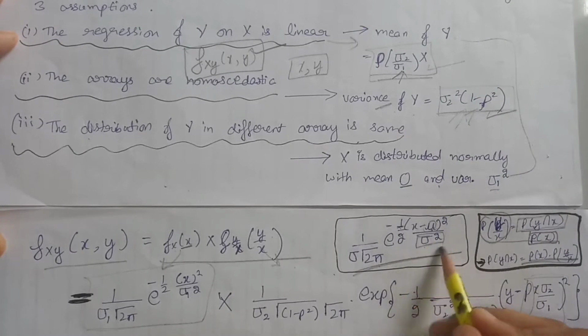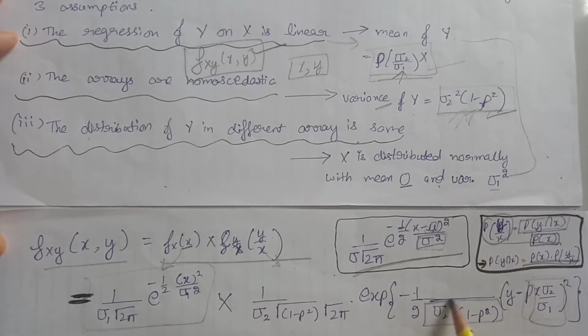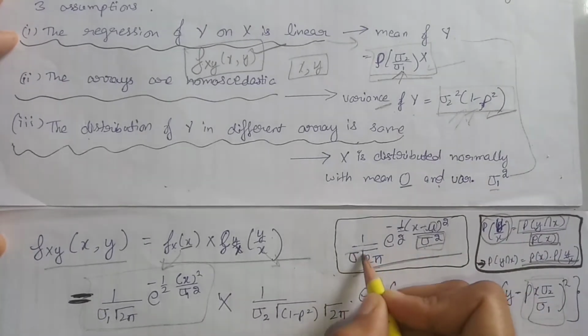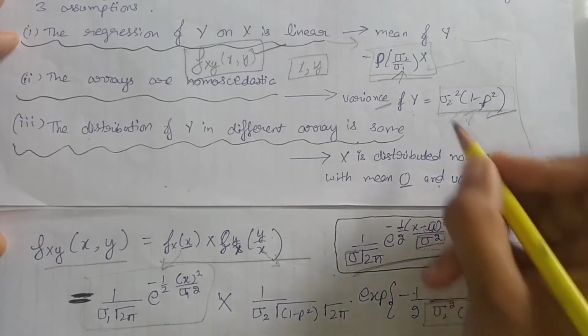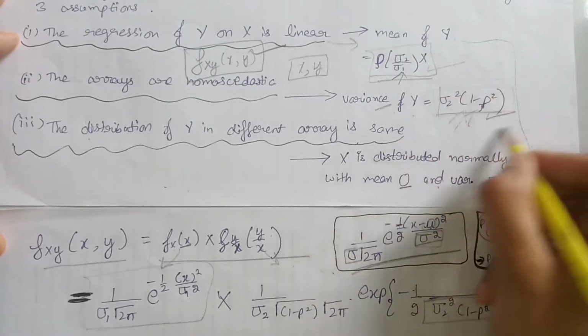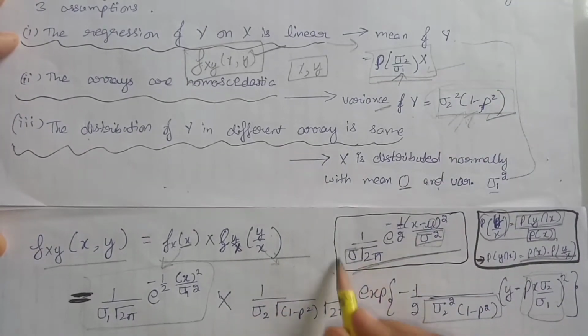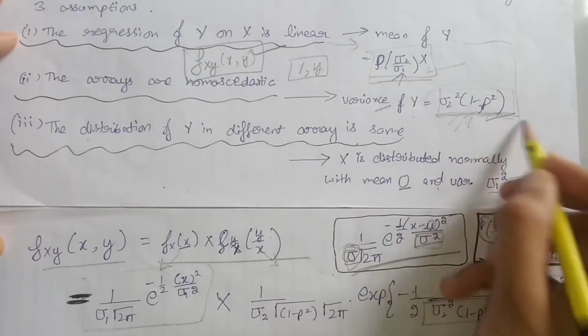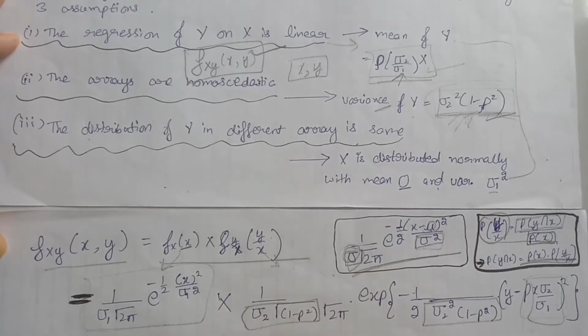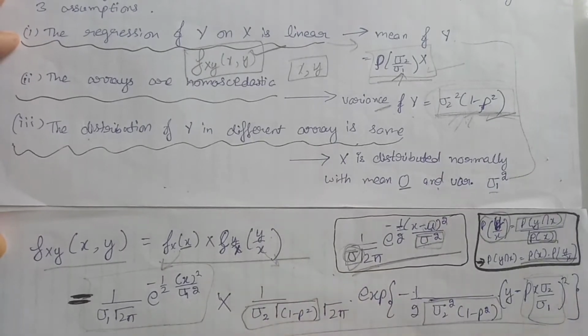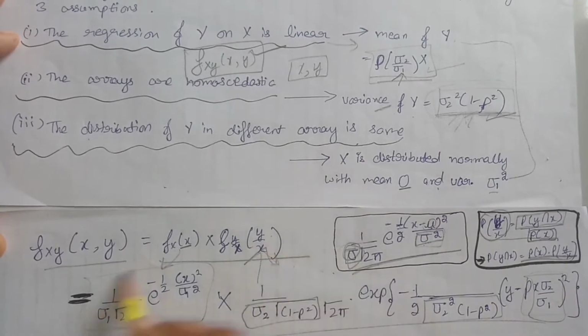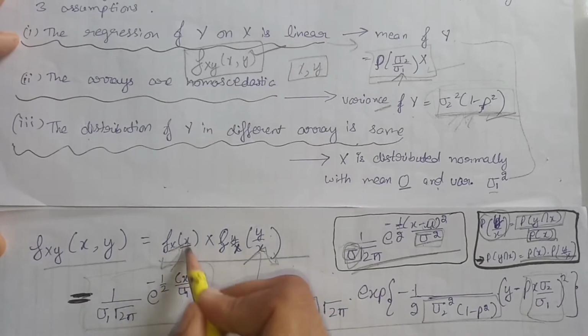Again at the place of sigma we have to write the square root of this value, because it is the value of sigma square, not sigma. So that's why we write here the square root of this value. So this is the value of our PDF of x, and this is the value of our PDF of y.